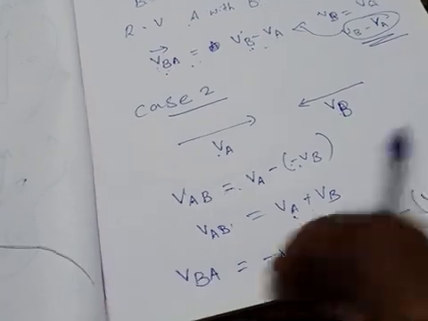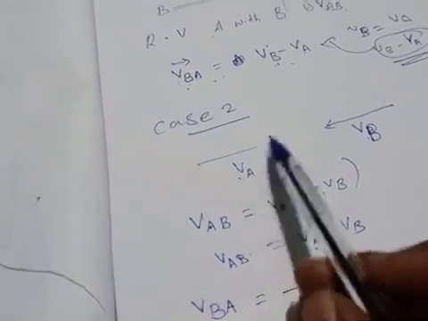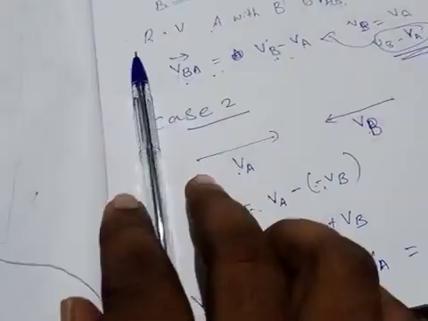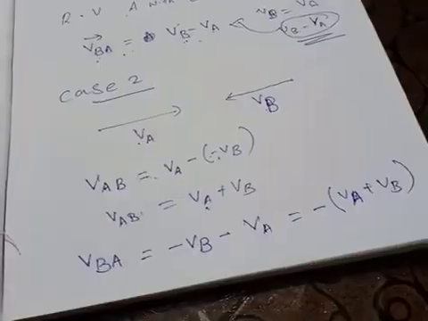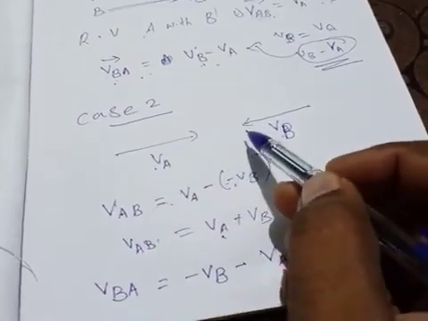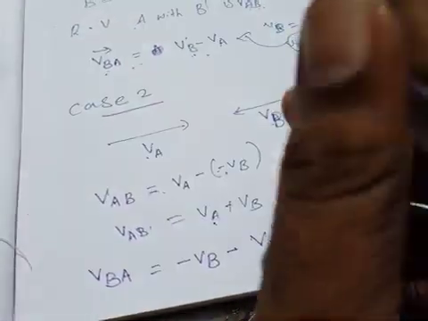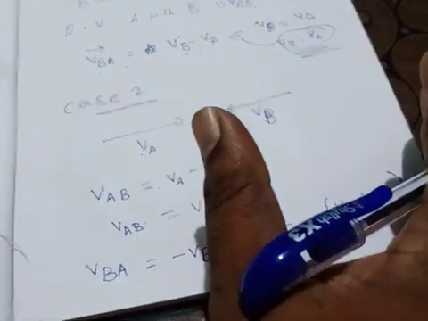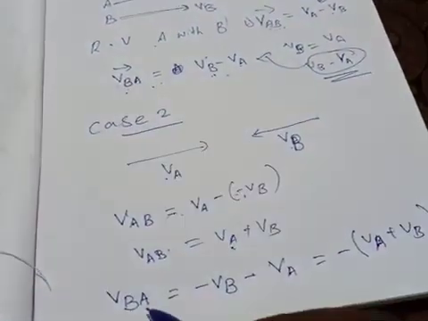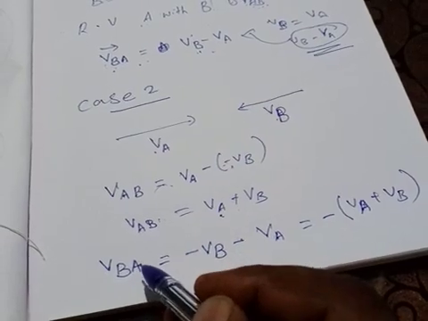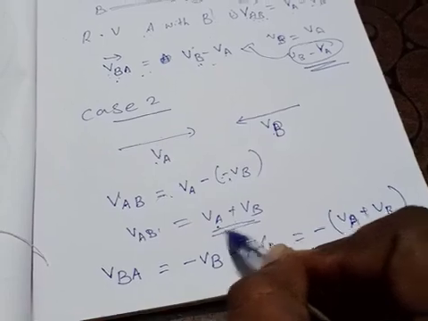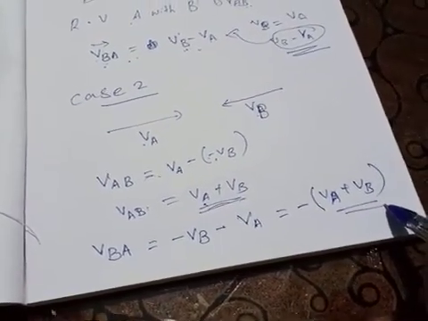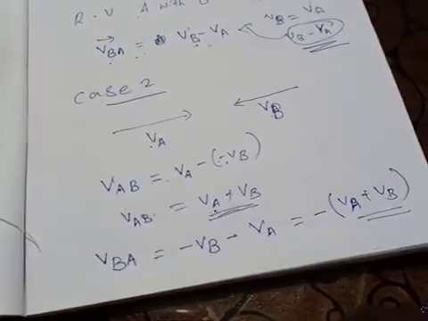Now how can you define this? What you can conclude is the same thing, no? If two objects are moving in the opposite direction with a uniform velocity, the relative velocity of one object with respect to another object is equal to the sum of the magnitudes of their velocities.